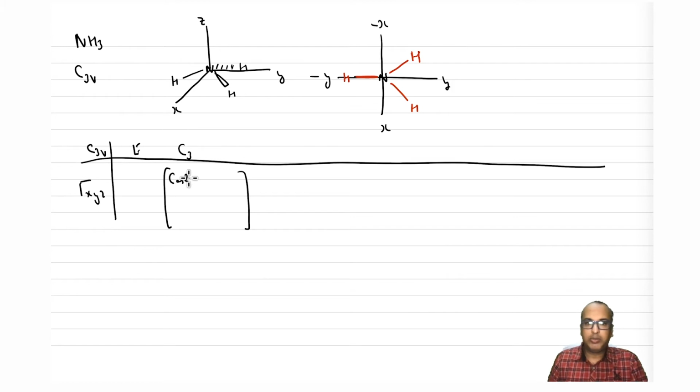So cos 2 pi by 3, minus sine 2 pi by 3, 0; sine 2 pi by 3, cos 2 pi by 3, 0, and you can see this will be 1 by root 2, minus root 3 by 2, 0; root 3 by 2, 1 by root 2, 0; 0, 0, 1, right?